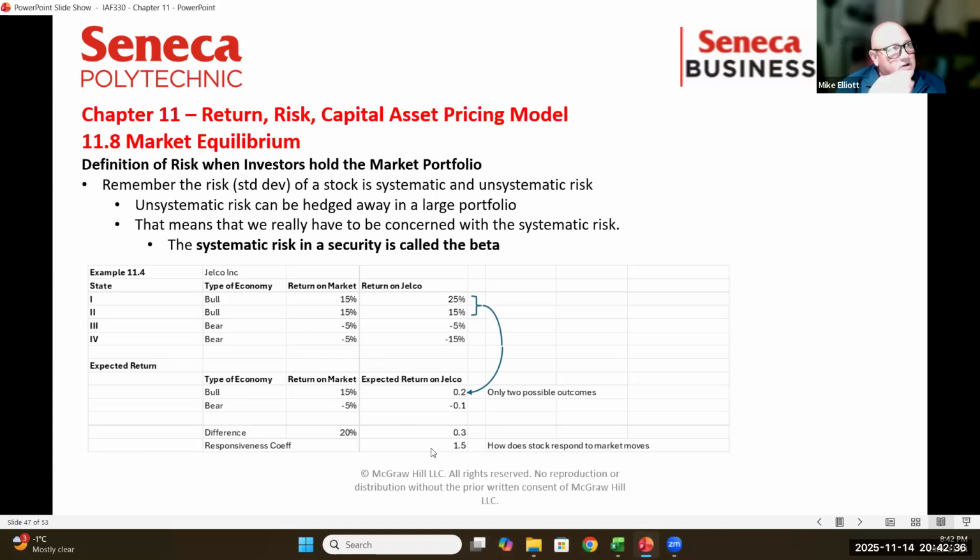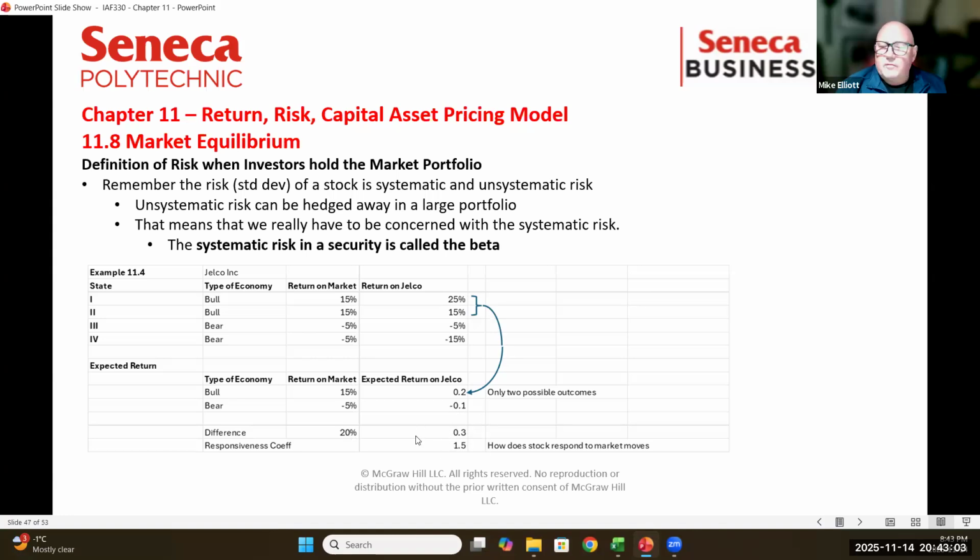The responsiveness coefficient, which we just discovered and invented, is 1.5. What's that mean? If the market returns 20%, we return 30%. We are going to move 1.5 times wherever the market moves.